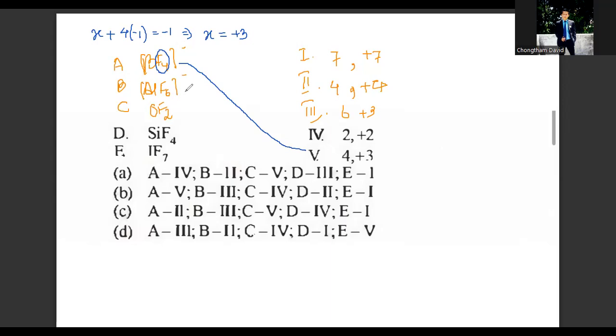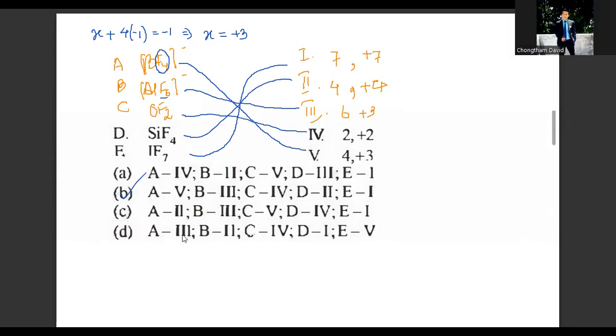So B, you have to match with 3, because coordination number 6, oxidation state would be 3. And C would be the best match with 4, coordination number 2, oxidation state plus 2. D would be 2, I of 7, oxidation state. So A5, B3, C4, D2, E1. B would be the answer for this question number 4.